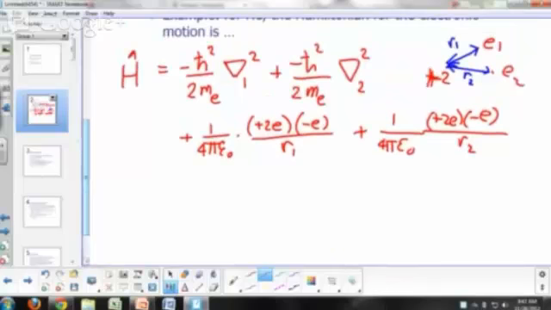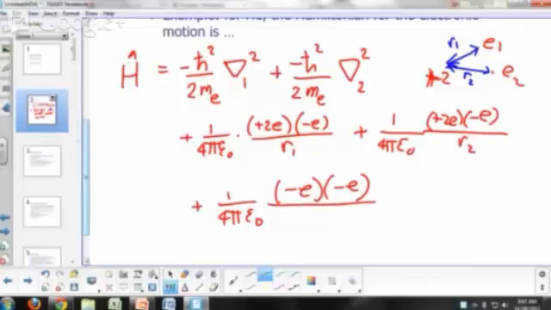Interaction between electron 1 and electron 2. So that's 1 over 4 pi epsilon naught times negative e times negative e, that's the charge of the 2 electrons, divided by the distance between them, and we're going to call that distance between them r12. Okay? What is r12?